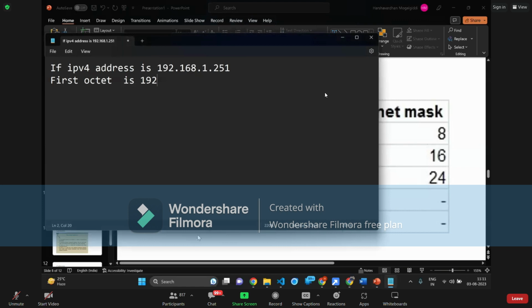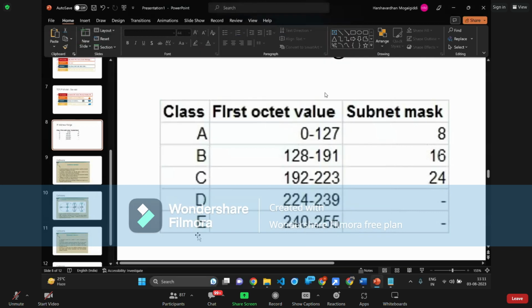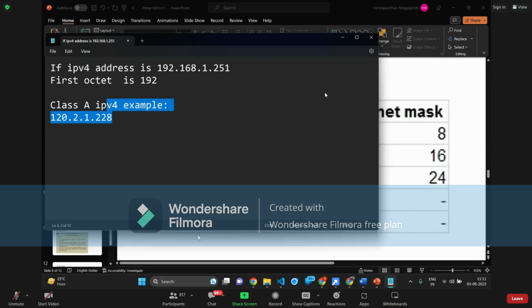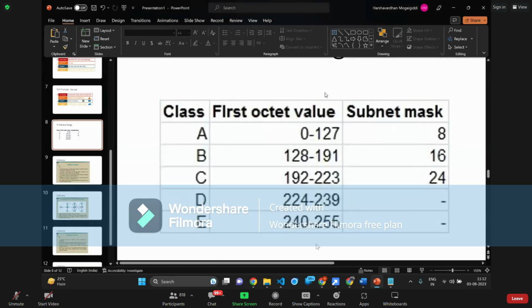An example of a class A IPv4 address is 120.1.2, which falls in the range 0 to 127. Next, class B. Class B is 128 to 191.